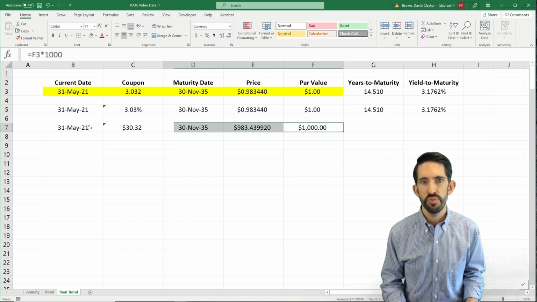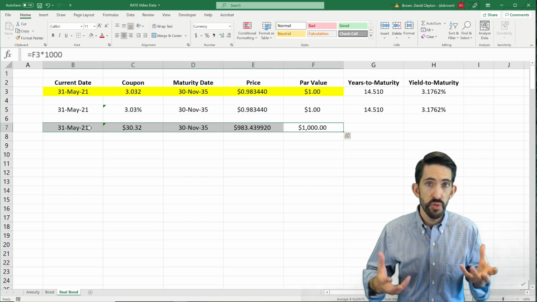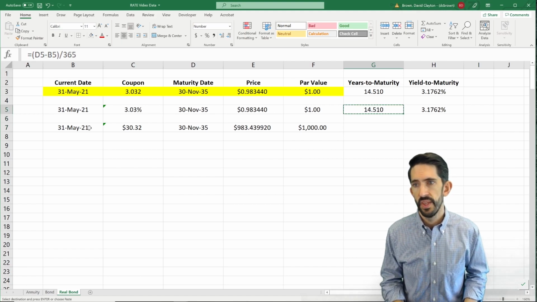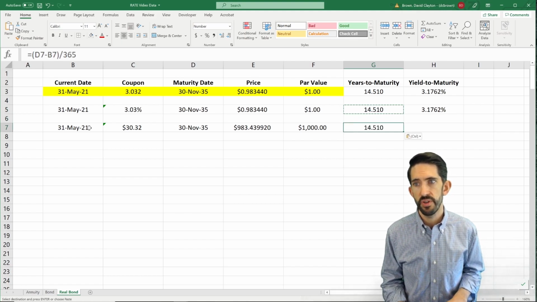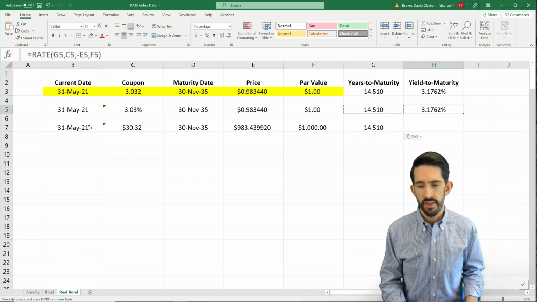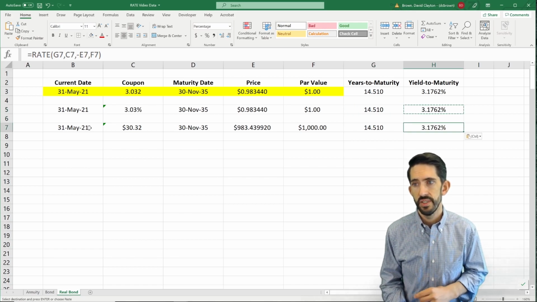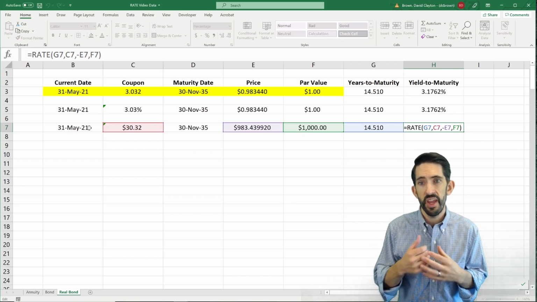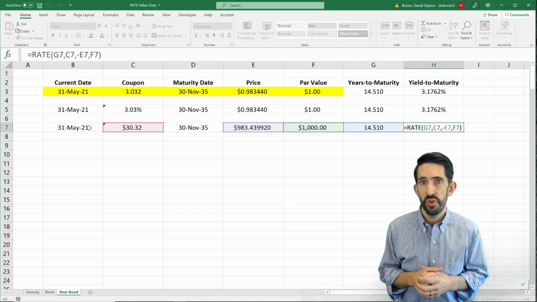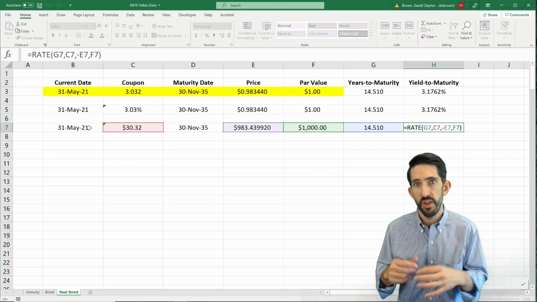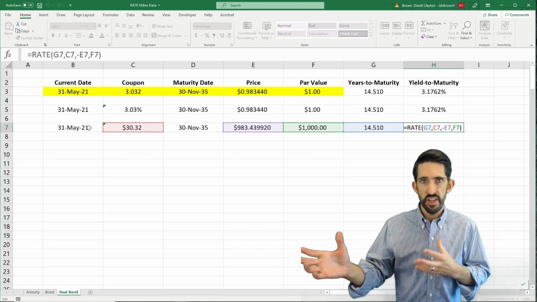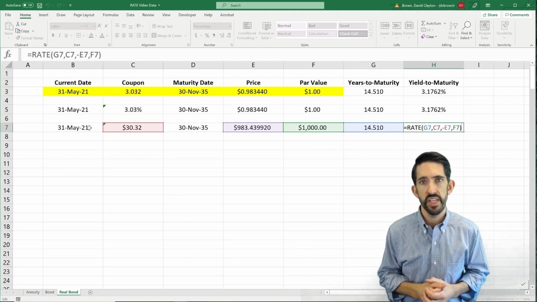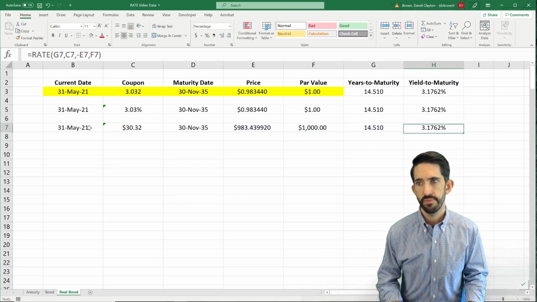So this looks much more like what a normal bond would actually pay and how it would be actually priced in the market. Our last step is to copy our years to maturity. And finally, the yield to maturity, well, we can just copy that formula down. Because all we've done here is scaled everything up by 1,000. So whether you want to deal in $1 increments or $1,000 increments, as long as the numbers are relatively consistent, you're going to get the same answer as far as the yield to maturity.